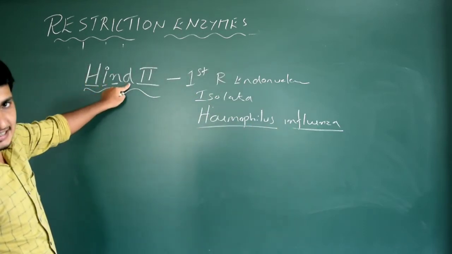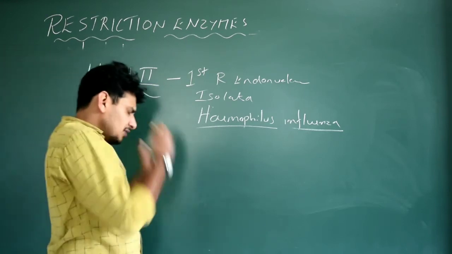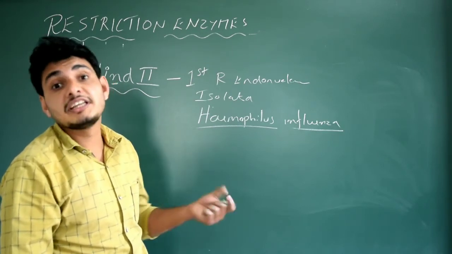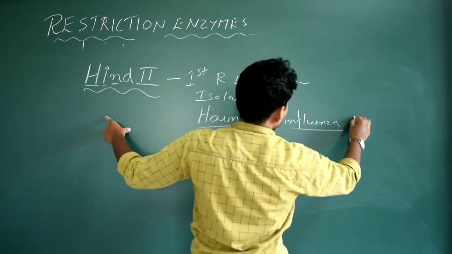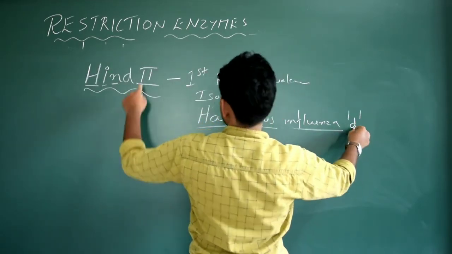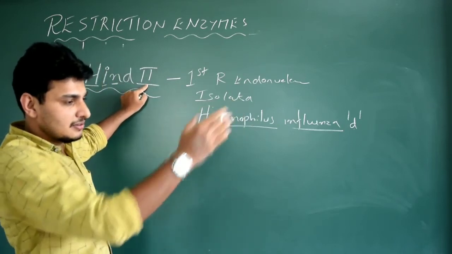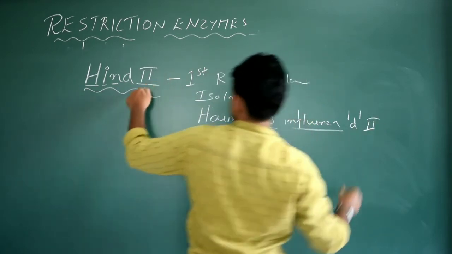What about this d? d is the strain name of the Haemophilus influenzae. In any type of bacteria, for example E. coli, you see around 15 different strains and varieties. So they have taken it from Haemophilus influenzae strain d, and the extraction order, the serial number, is Roman number 2, written here, HindII.